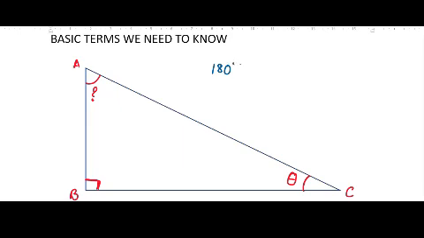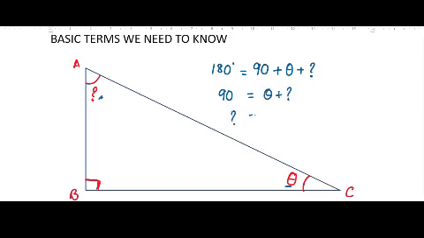180 degrees is equal to, so first we know that this is 90 degrees. So 90 degrees. Then we have this angle that we have considered here, that is theta, plus you have this angle over here which you have named question mark. Okay, so if 90 goes on the other side, it becomes 180 minus 90, which is 90, is equal to theta plus question mark.